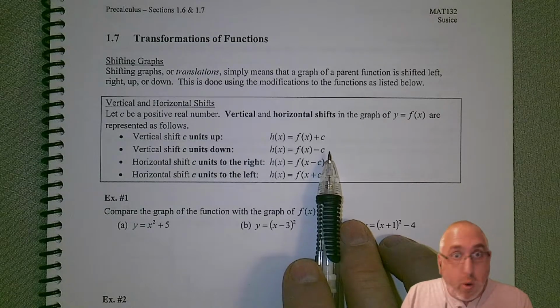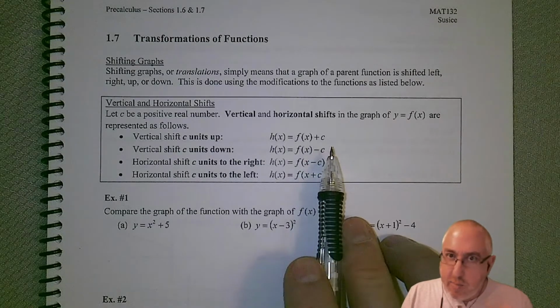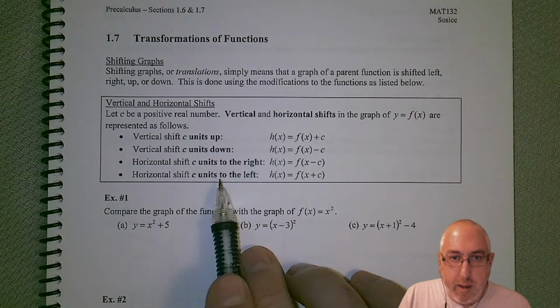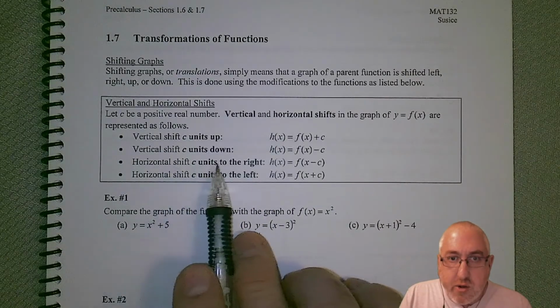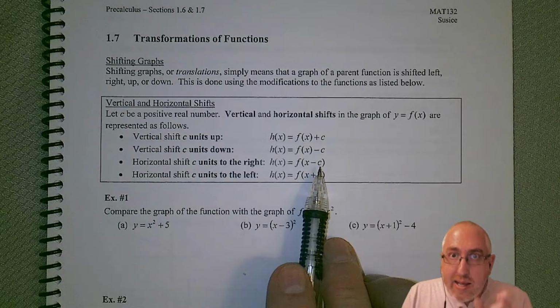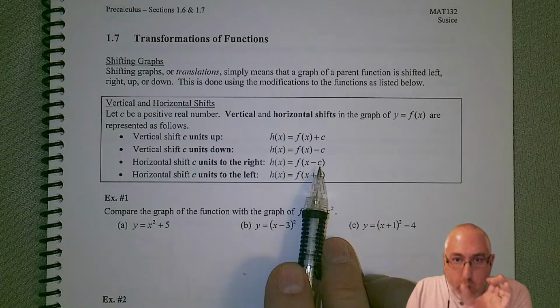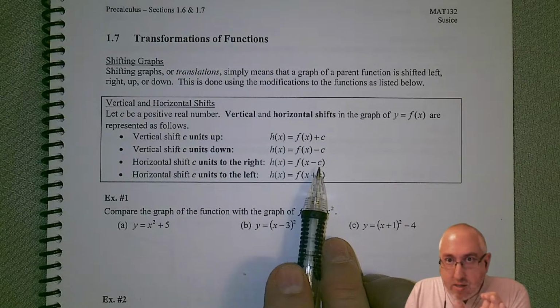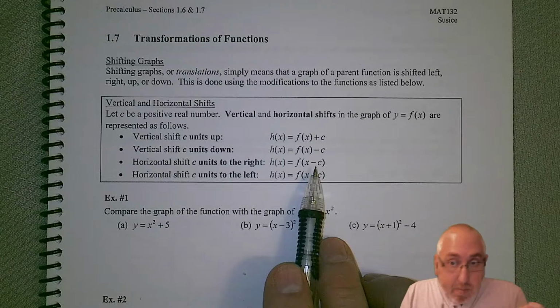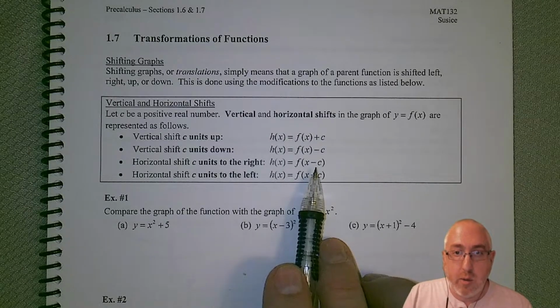Left and right, or horizontal, is a little bit different and a little bit awkward or backwards from what you might think. So when we're shifting it to the right, we're actually going to be subtracting inside of the function. So we're modifying the value of x itself and subtracting c from it. That moves it to the right c units.